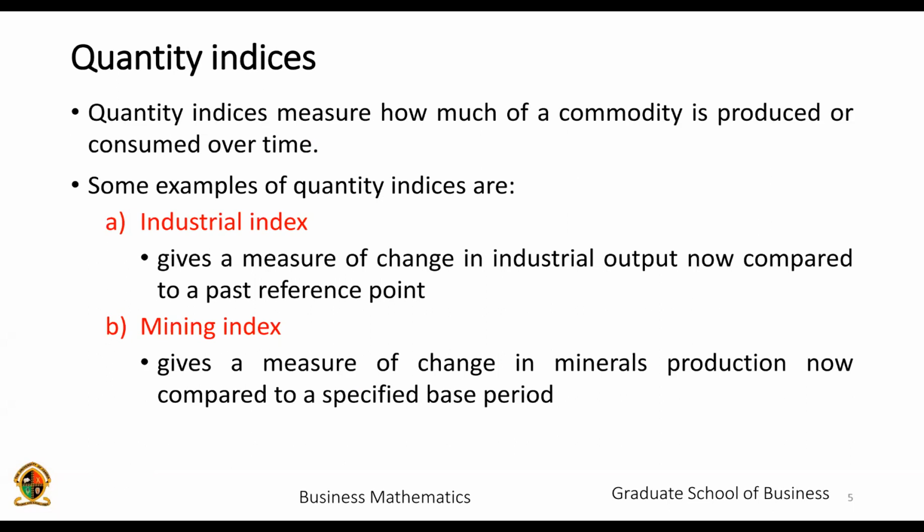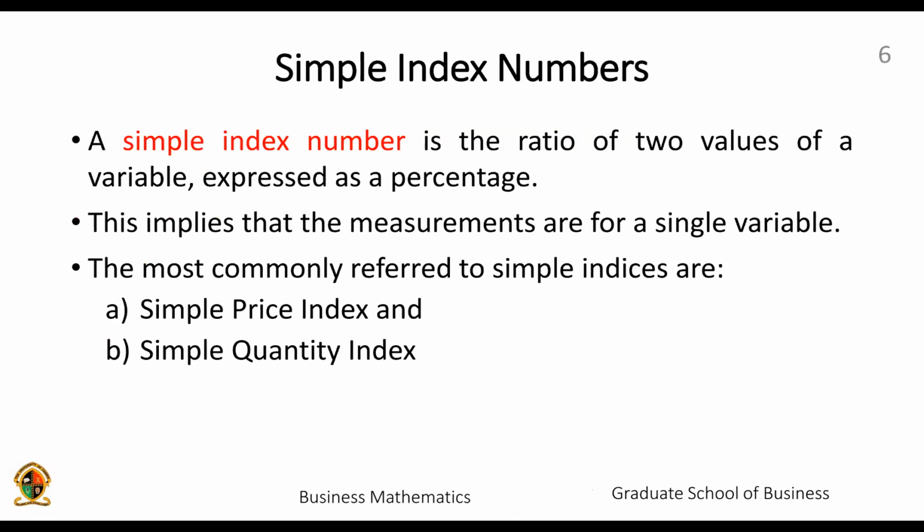There is also the mining index. This is where you measure the change in mineral production compared to some specific base period. You're comparing the quantity of minerals that have been produced. For example, if you're a copper producing company, you ask yourself how much copper have we produced this year, and how much did we produce that other year?